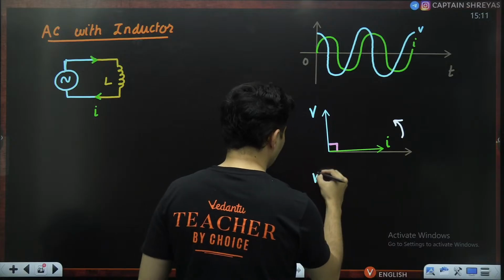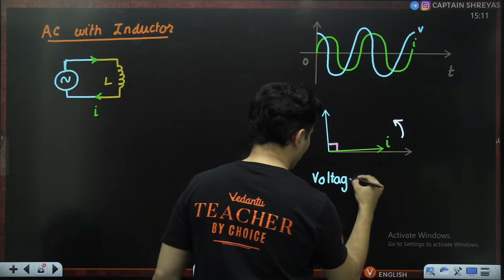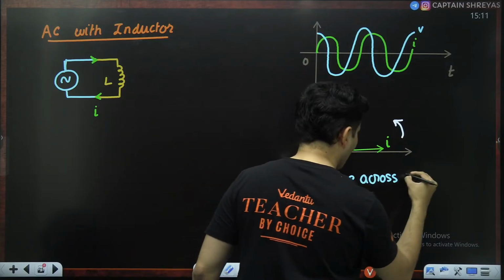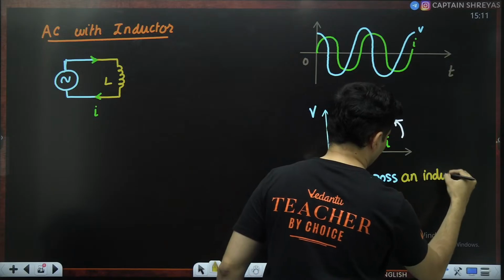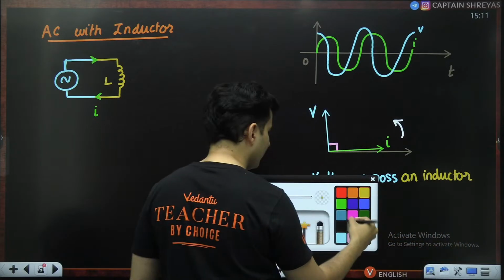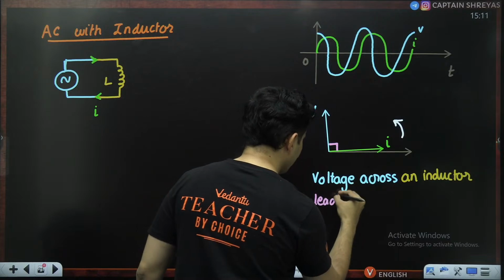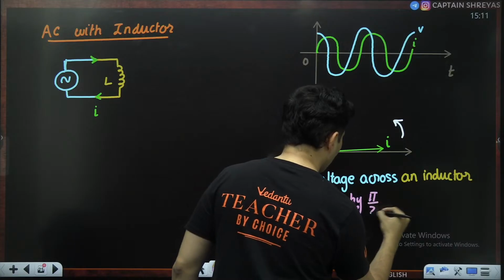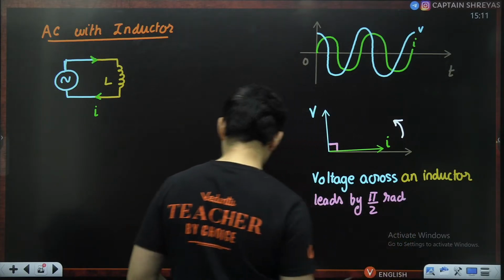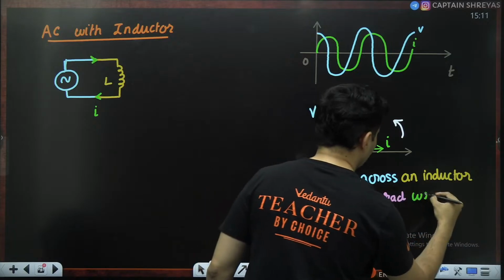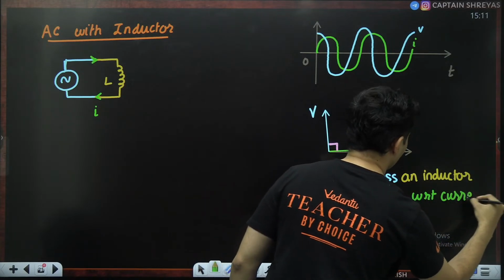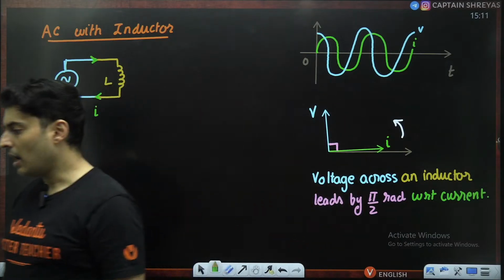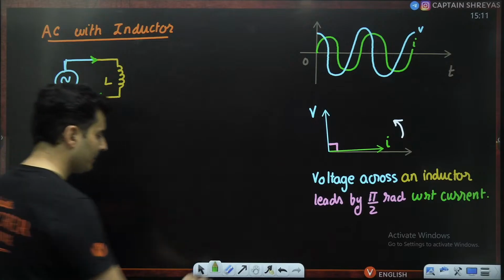Here I will say the voltage across an inductor leads by pi by 2 radians with respect to the current. So voltage is ahead of the current by 90 degrees across the inductor.